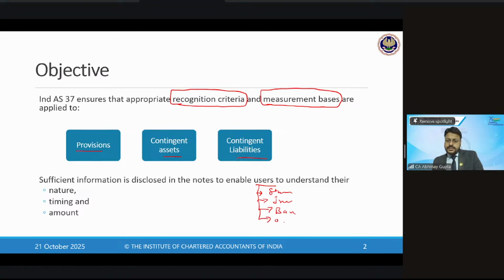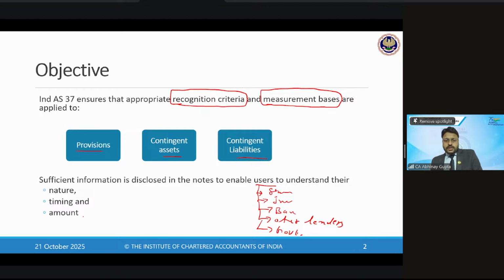Other lenders, right? And government, right? Or any other individual or an institution who is interested to know the performance of the company, right? Company's financial position, right? So all those are users of the financial statements.